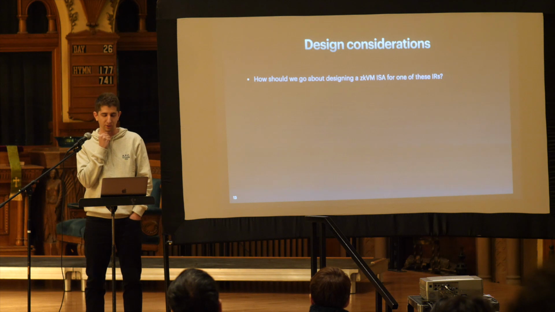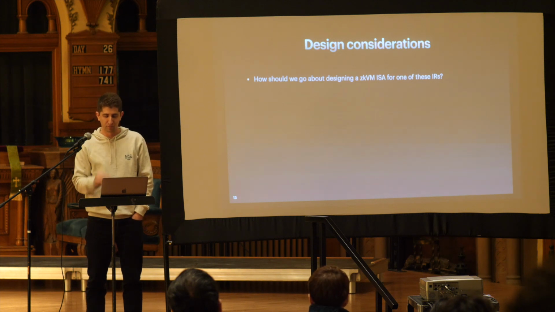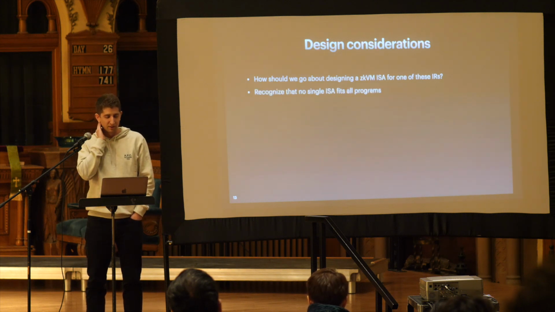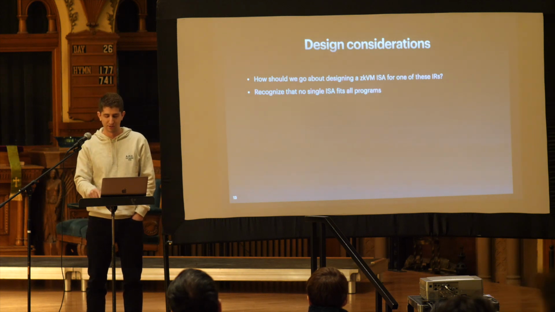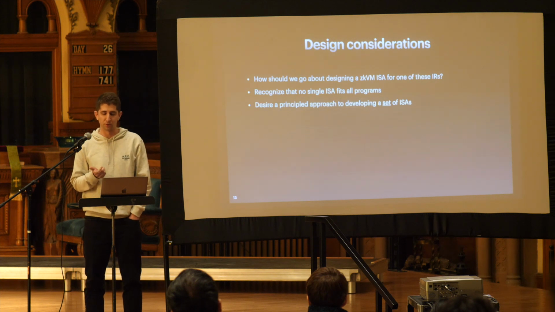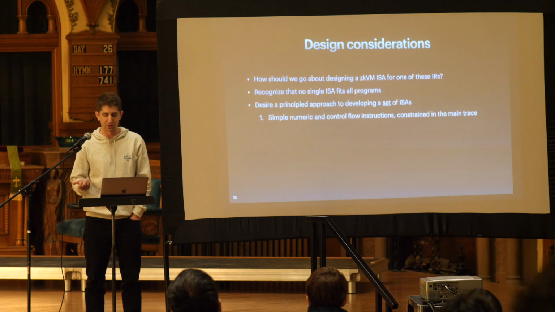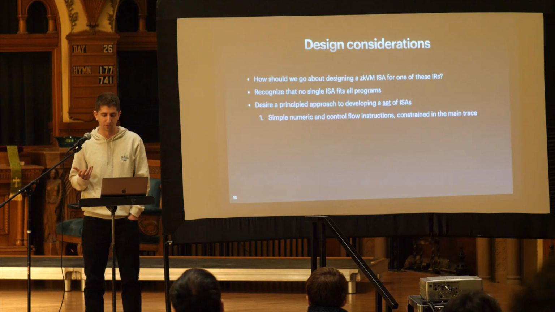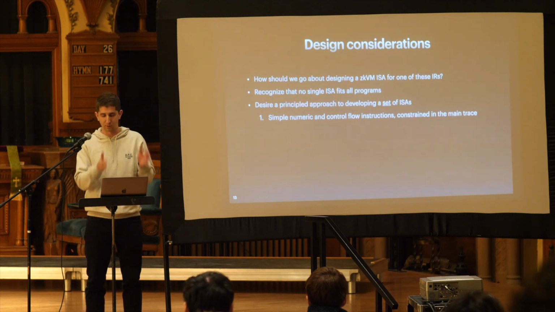Now, to get into some of the design considerations for what the zkVM instruction set should look like. We first need to recognize that no ISA fits all programs. We want a more principled approach to develop a set of ISAs. This set would consist of a simple base instruction set with numeric and control flow instructions, represented in the main CPU trace.